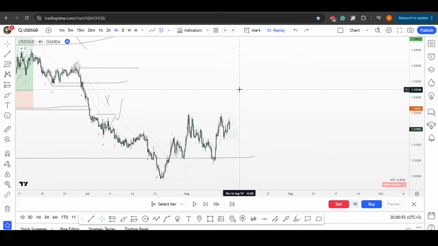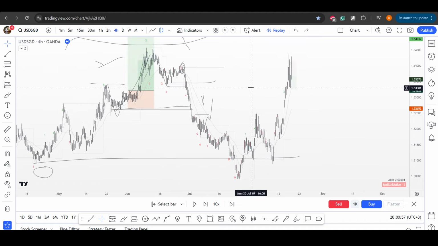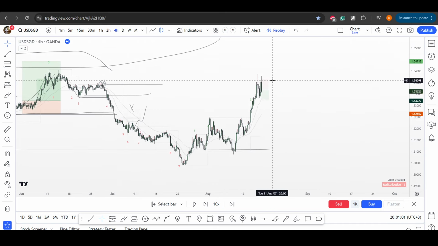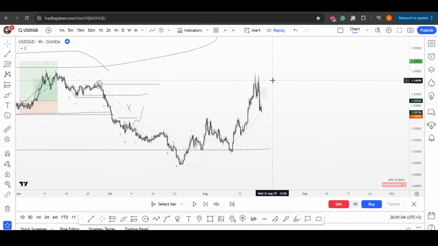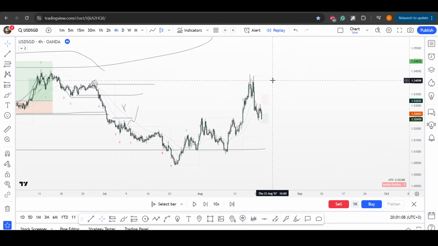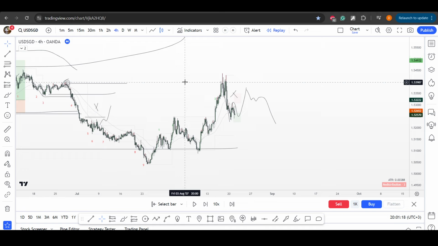Okay, so just waiting. And now we are mitigating deep zones from here. Let's see if we will have some bearish confirmation. So we're starting to break to the bearish side. And what I want to see from this internal range here, I want to see this. Otherwise, I just keep.